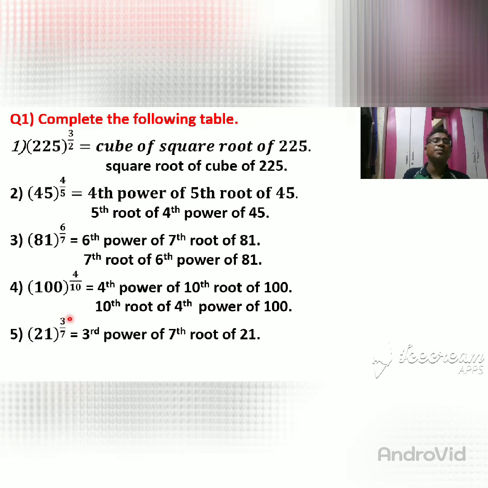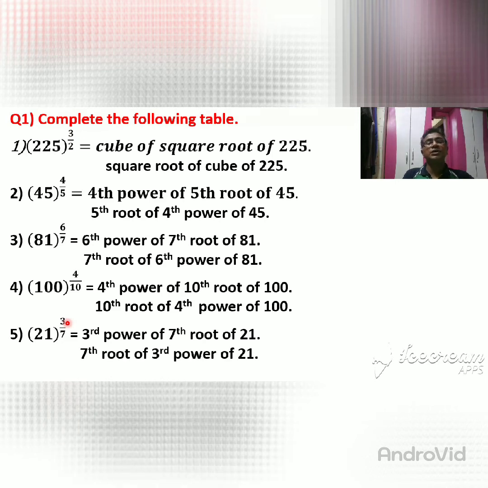Then you can read from the root: 7th root of cube of 21, or another way, 7th root of third power of 21. It can be read from the denominator and from the numerator. It is very simple.